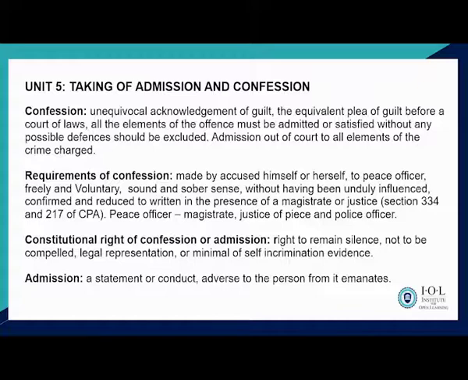Section 217 of the Criminal Procedure Act. Peace officer: magistrate, justice of peace, and police officer. Constitutional right of confession or admission: right to remain silent, not to be compelled, legal representation, or minimum of self-incrimination evidence.